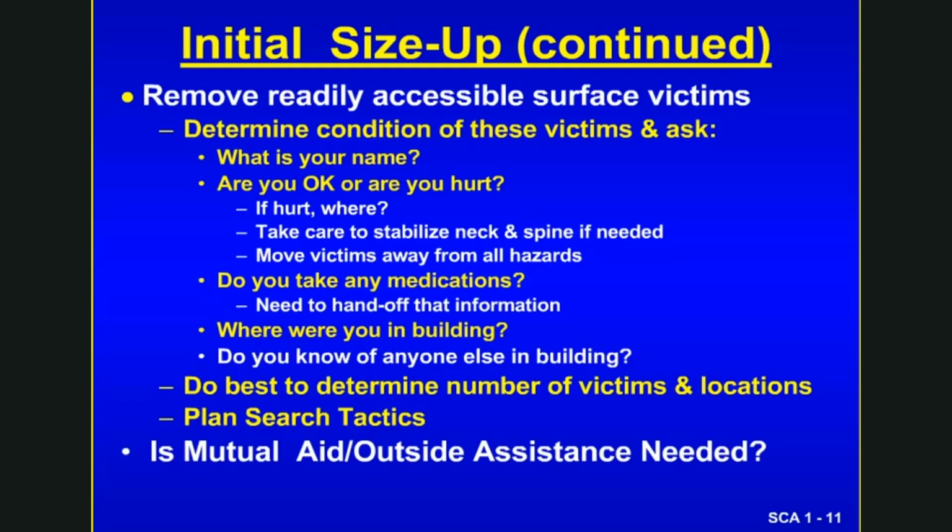So you need to determine as much as you can from the victims, keeping in mind that you have to be as tactful and careful with their psyches as possible, but nonetheless, they are your best source of information. And from that, one can plan the search tactics, and at that point, then one makes a decision about mutual aid. And the usual sort of saying about mutual aid: if there's any doubt, call them out.